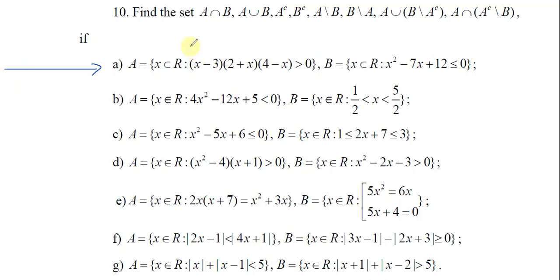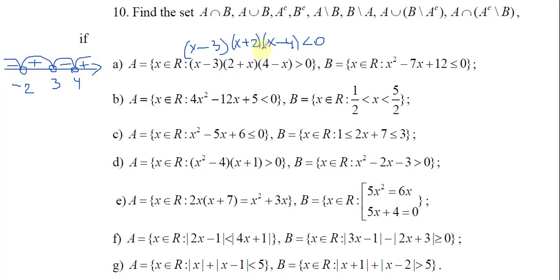So we can write it like x minus 3, x plus 2, and change the third one, x minus 4. It is now less than 0. When we change, we will change the sign of the inequality. So here we have -2, not included, 3, and 4. So plus, minus, plus, and minus.